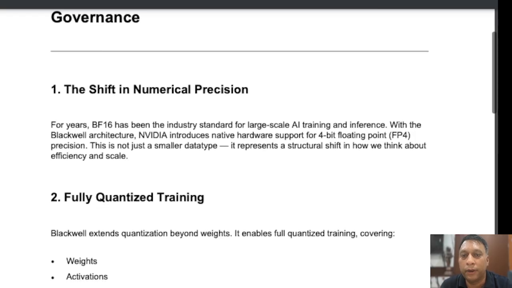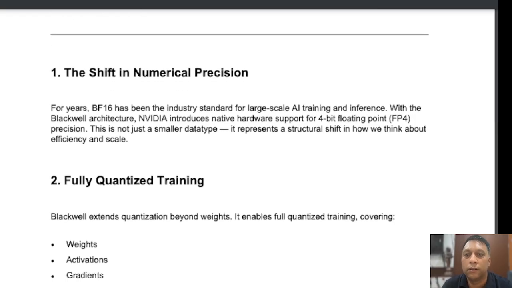From the mathematical perspective, what exactly has changed after the introduction of the Blackwell hardware infrastructure? In the case of Blackwell, it is fully quantized training. It's not only covering the weights and the activation quantization that has been a trend in the past, but it has included gradients as well.